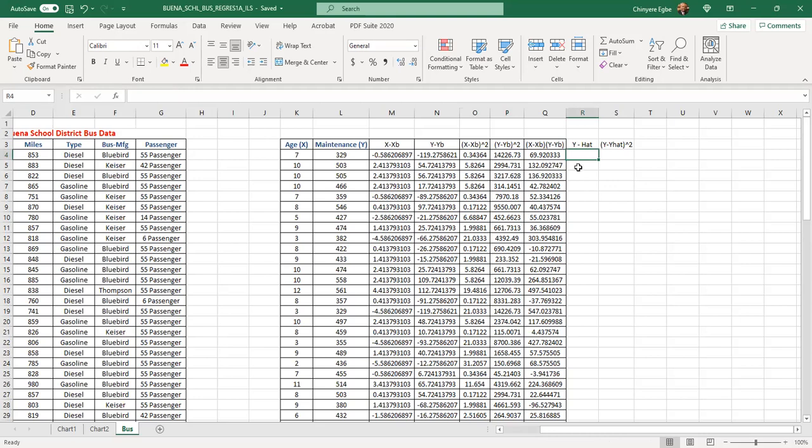Y hat will be a very, very long formula. So I don't think that it's going to serve us any purpose to start working on it now. So let's see if we can use another example. But I'm going to work that out and show it to the class.